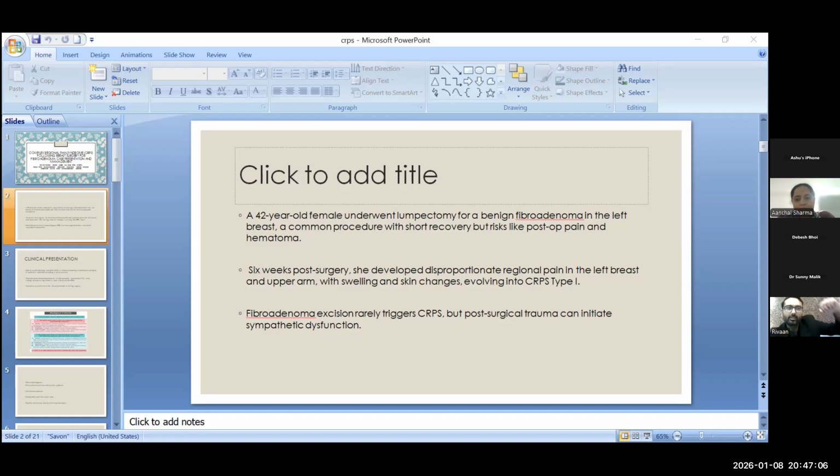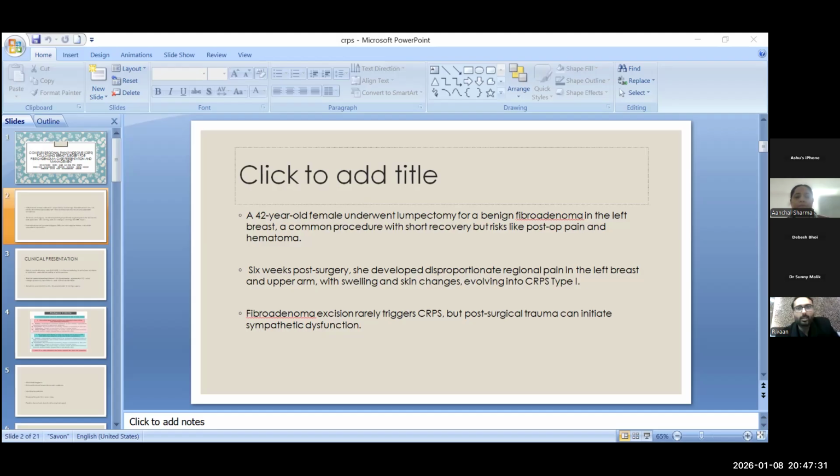She was sitting with her arm raised. Her complaint was that she was not able to put her arm on her chest. On physical exam, there was hypothermic skin and temperature asymmetry. There were some color changes, hyperhidrosis, and limited shoulder range of movement. The symptoms had persisted for more than 3 months and were disproportionate to the inciting surgery.